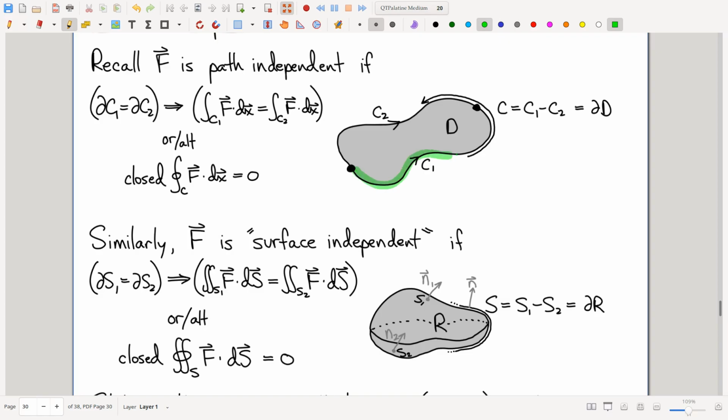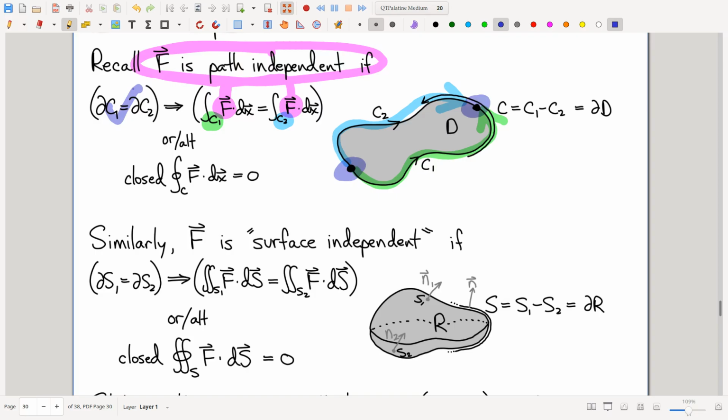If you have a curve over which you're interested in computing an integral, and if you have another curve over which you're interested in computing an integral of the same vector field F, we say that's path independent if whenever the curves start and end at the same point, those integrals must always be equal.